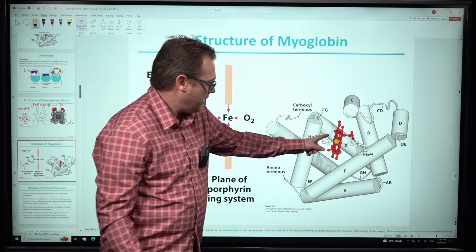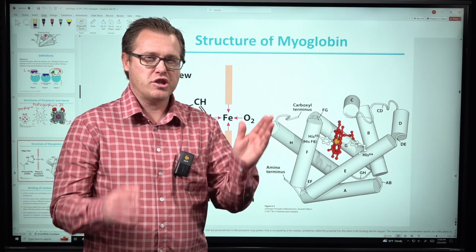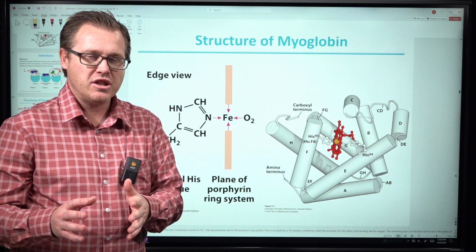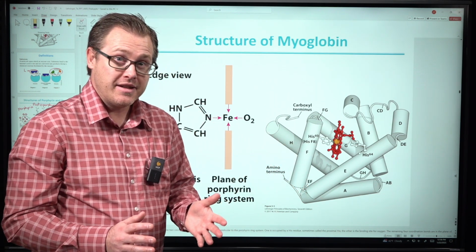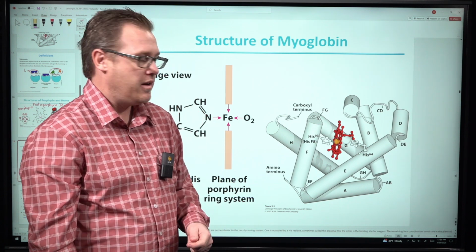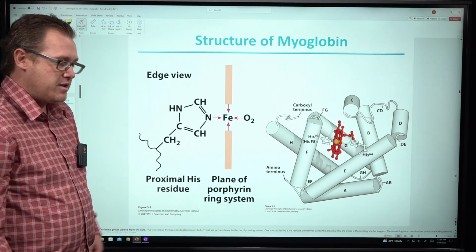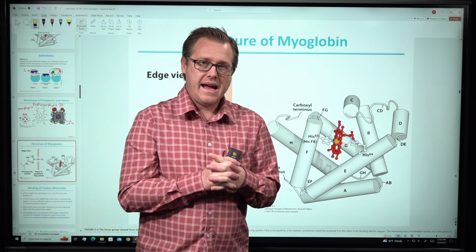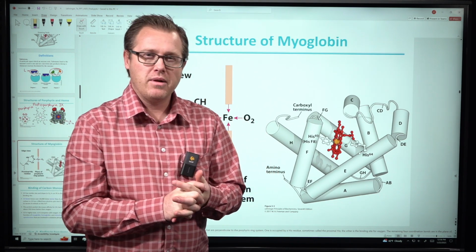That interaction right there makes iron just the perfect reactivity needed in order to bind oxygen and to release oxygen when it's needed to, and to not oxidize iron 2 into its ferric state, or the iron 3. So I think that's really cool that this protein does that, and we'll talk more about it during class, and we'll start talking about hemoglobin as well. So that's where we'll end this video for now.